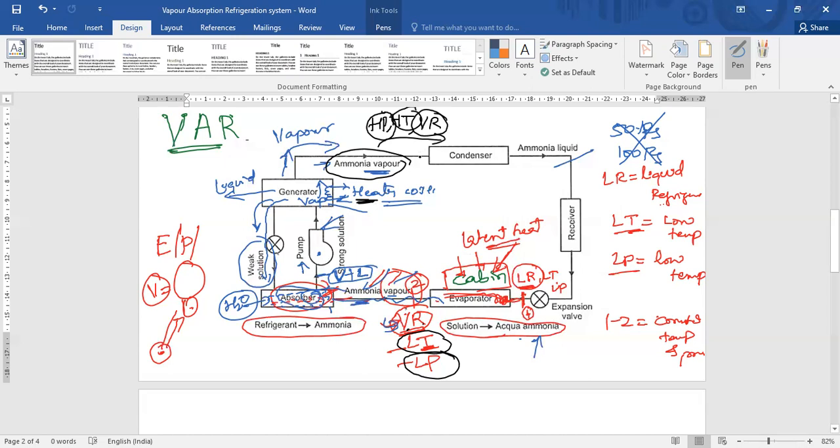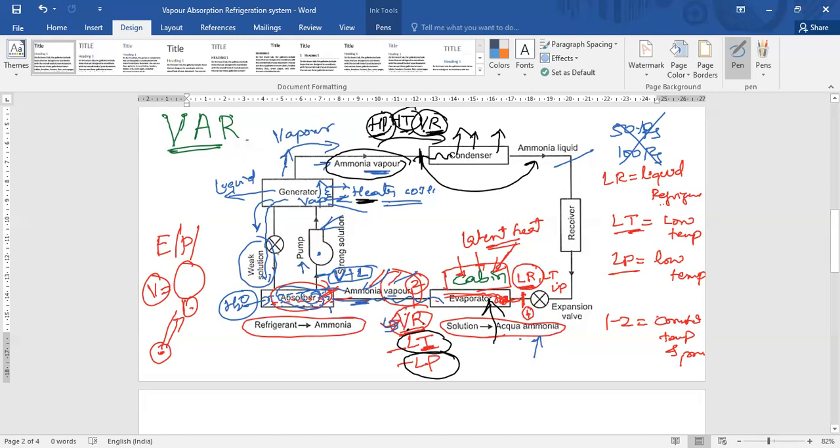Now, what is the input to the condenser? At the input, high pressure, high temperature vapor refrigerant enters the condenser. The use of the condenser is to reject heat to the surroundings. Whatever heat it has absorbed in the evaporator, that heat it has to reject. Because it is in vapor form, it has to come back to its liquid form.